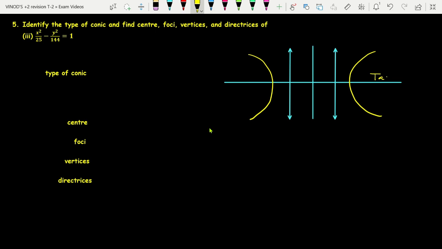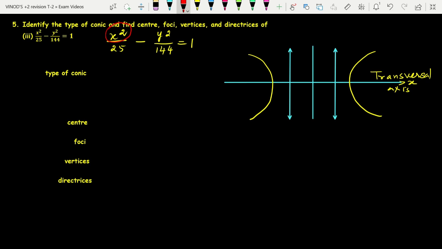So regular hyperbola will look like this. So the transversal axis is along x-axis. The equation of the hyperbola given to be x square by 25 minus y square by 144 is equal to 1.